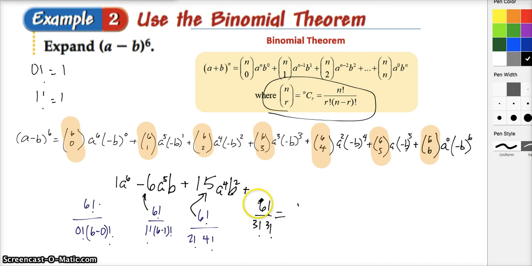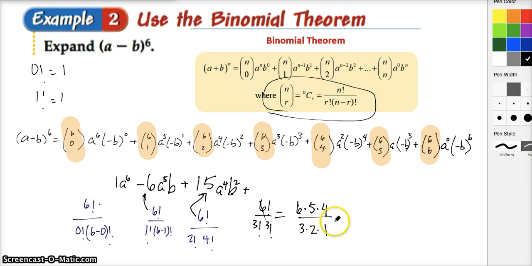Therefore, at the top, if I reduce, I'm going to get 6 times 5 times 4, because the 3 times 2 times 1 cancels at the top and bottom with one of the 3 factorials. And then I'm left with 3 times 2 times 1 with the last factorial.